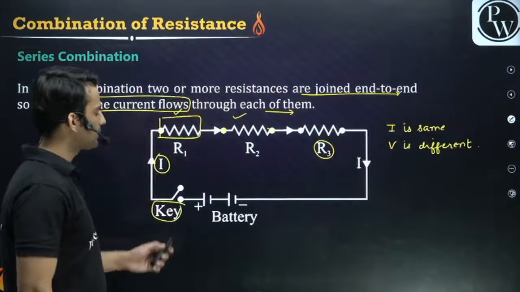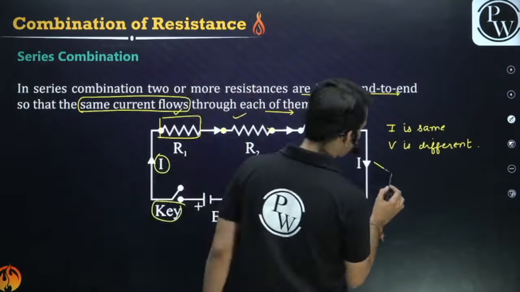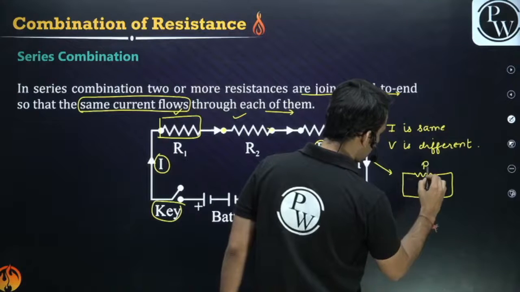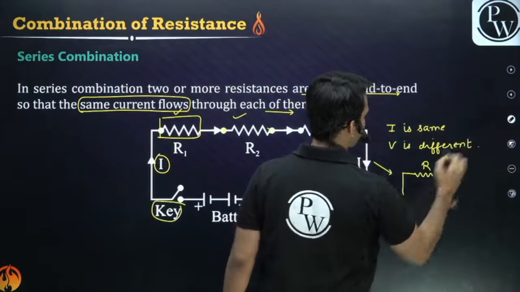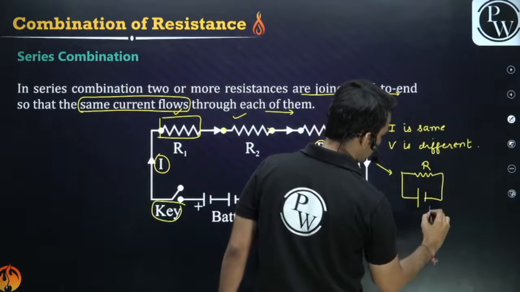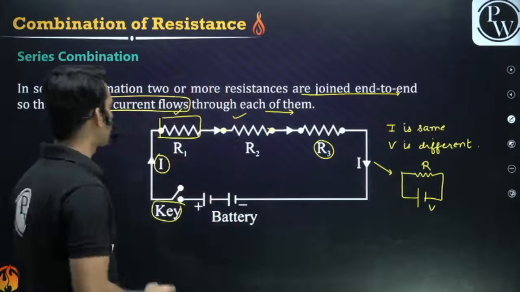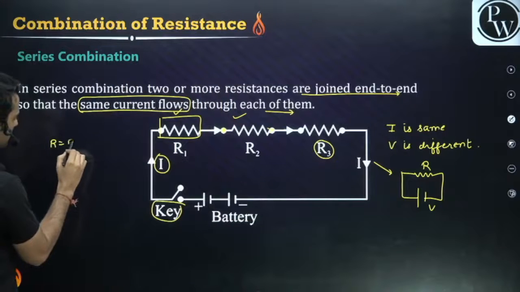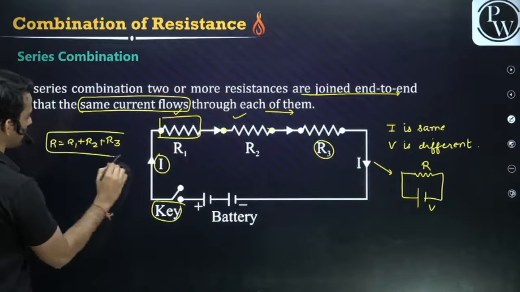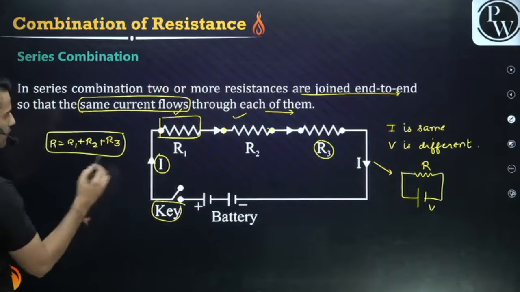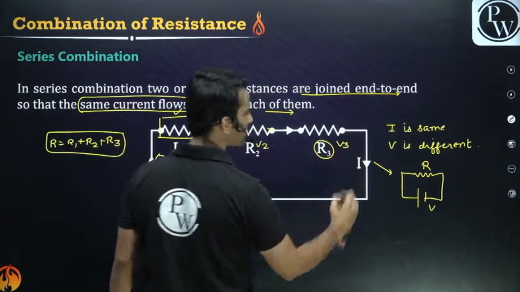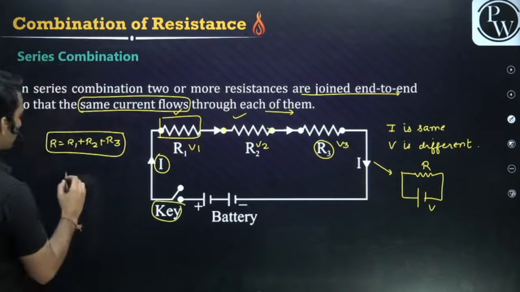Okay. So guys, if I want to replace these resistances by a single resistance, what will I do? Just add up the resistances. So R is nothing but R1 plus R2 plus R3. Where did we get this from? See guys, let's say the voltage here is V1, here V2, here V3. So what is the total voltage?